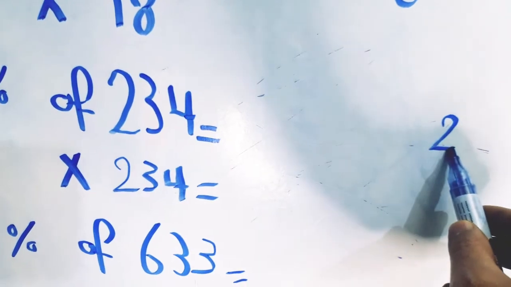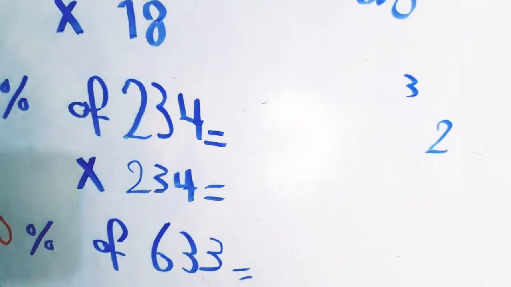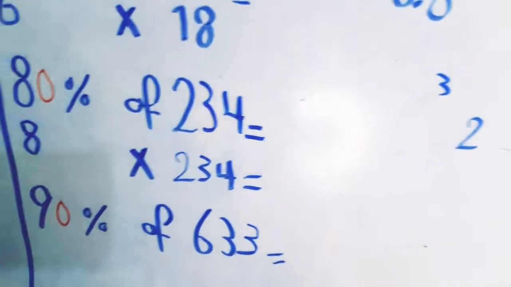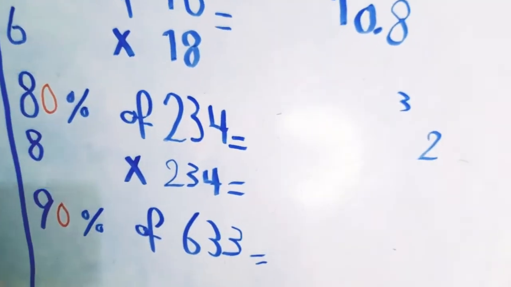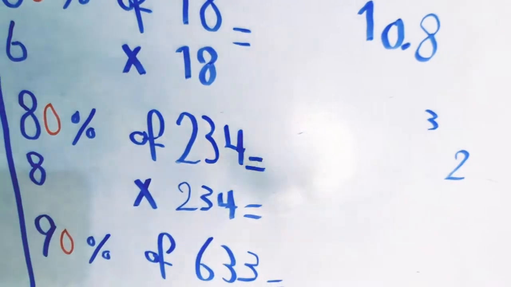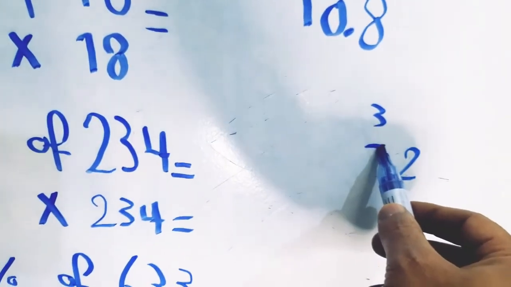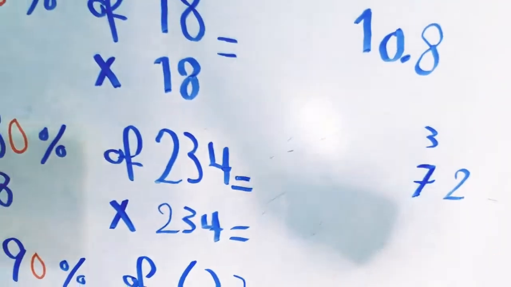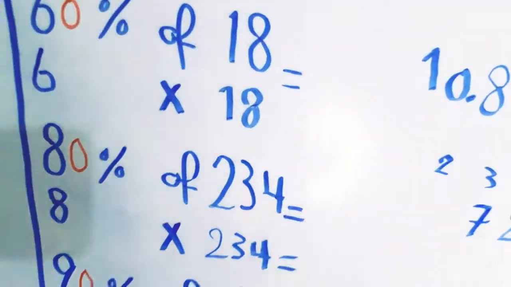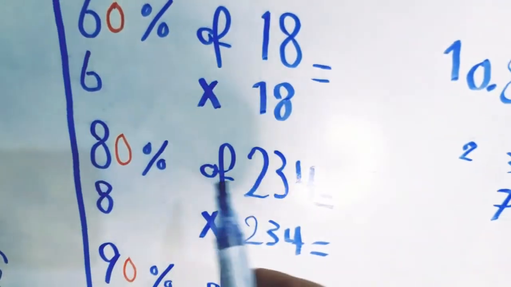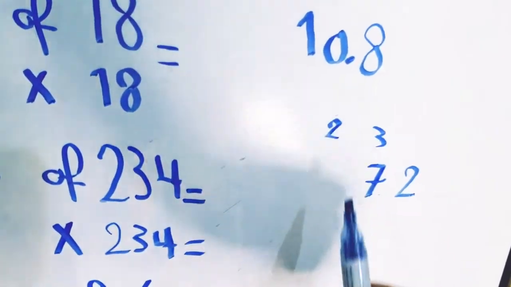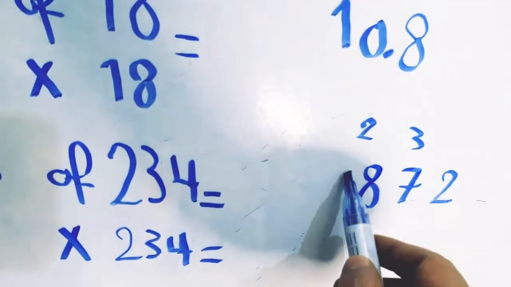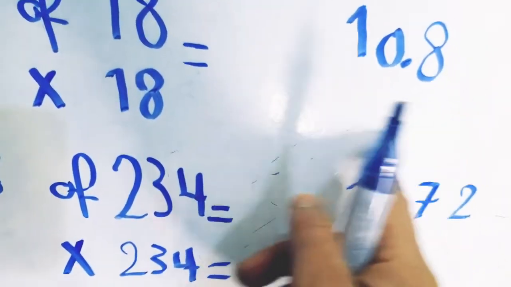We write 2 and carry forward 3. 8 times 3, 24. 24 plus 3, 27. We write 7 and carry forward 2. 8 times 2, 16. 16 plus 2 equals 18.